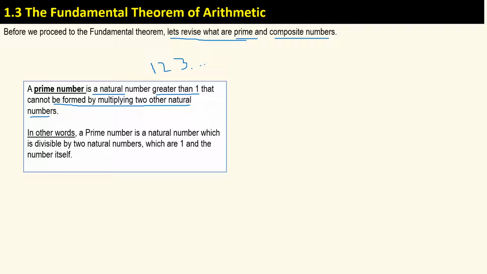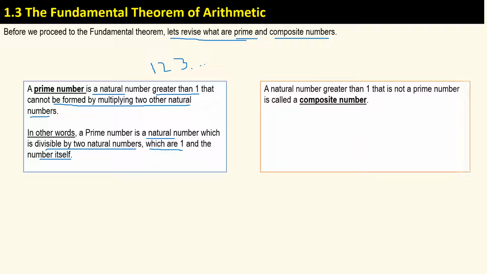In other words, a prime number is divisible by exactly two natural numbers, and those two numbers are 1 and the number itself.